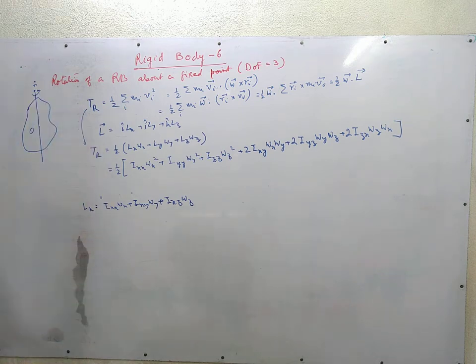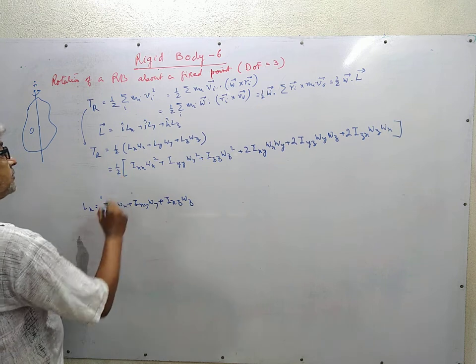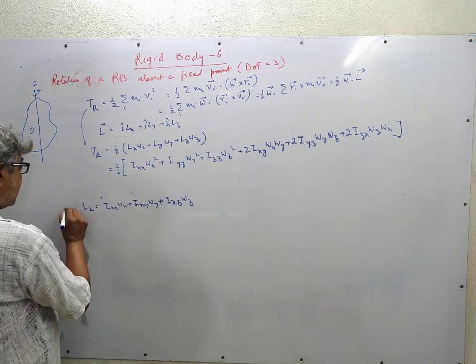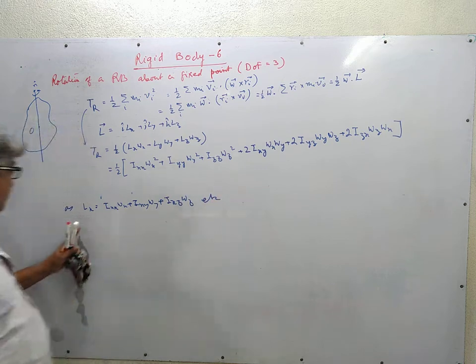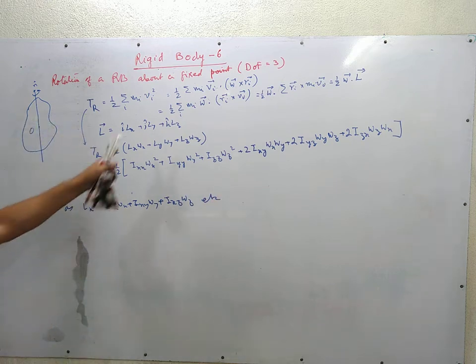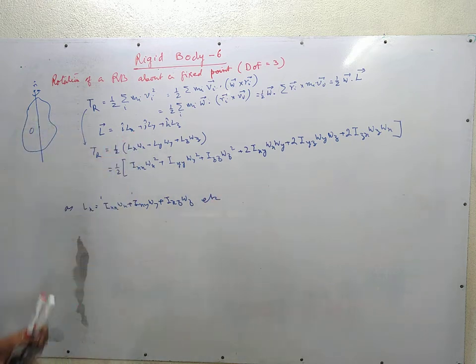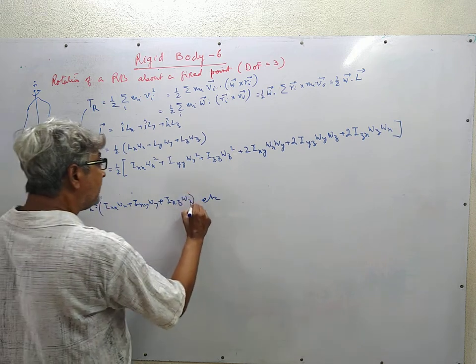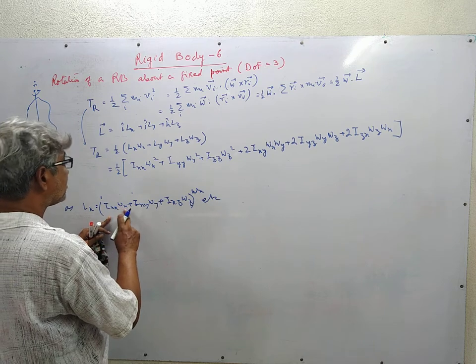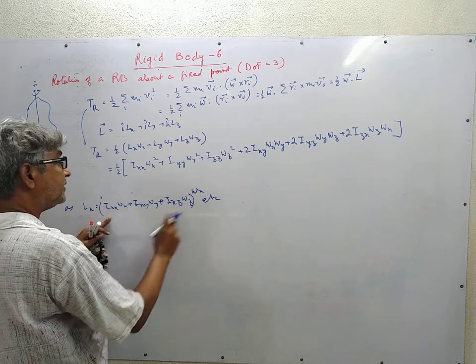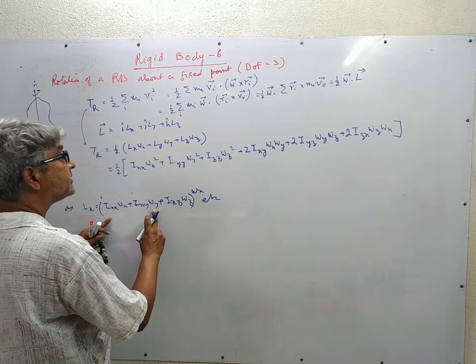This has come because of the fact that Lx is equal to the above, and similar expressions for Ly and Lz have been put over there. So when we multiply this by omega x, the expression is Ixx omega x square, and then Ixy omega x omega y.